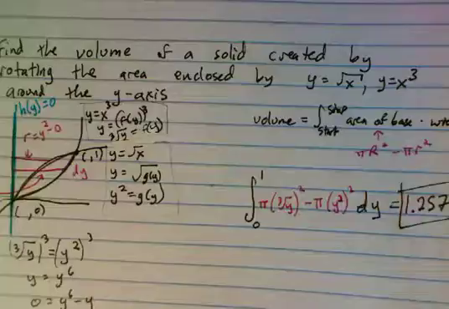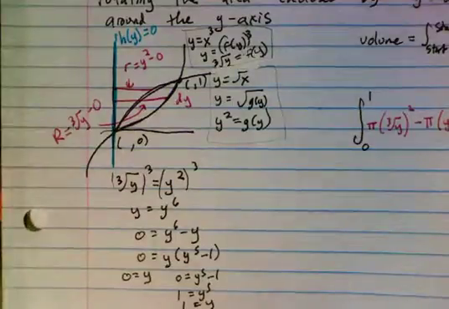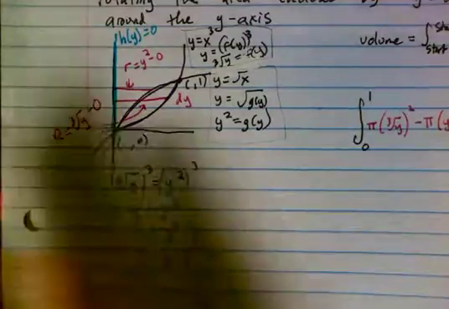I do want to show you one more example in terms of what do we do when we aren't rotating around the y-axis, but instead around some other axis, and then we'll be all set. So here's our 5th and last problem.